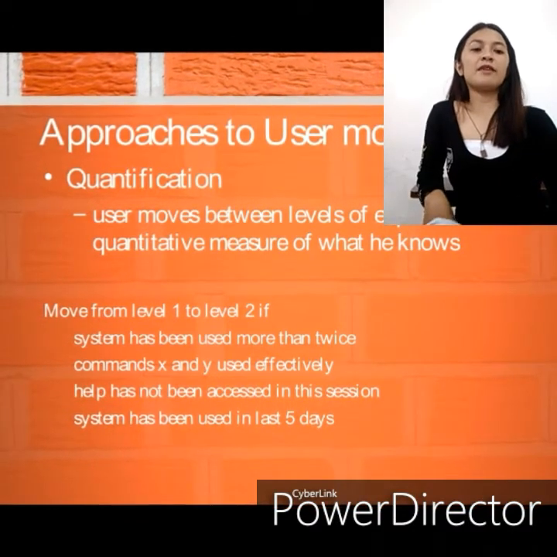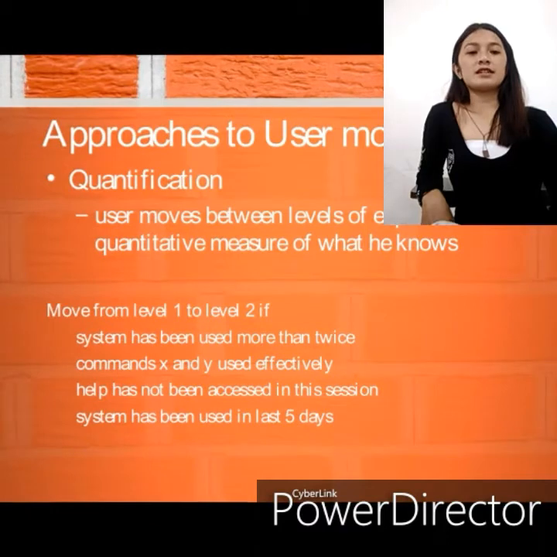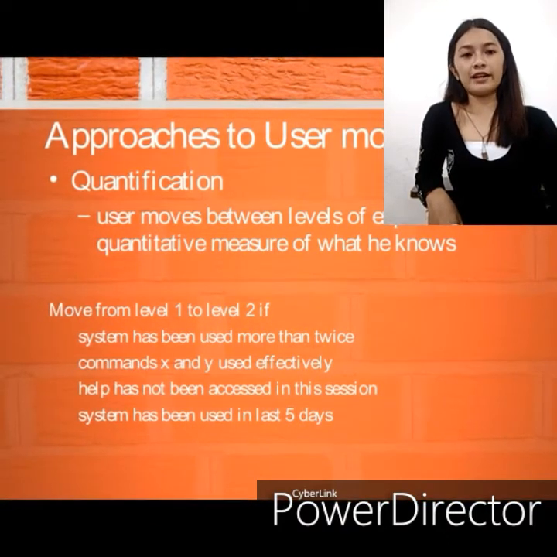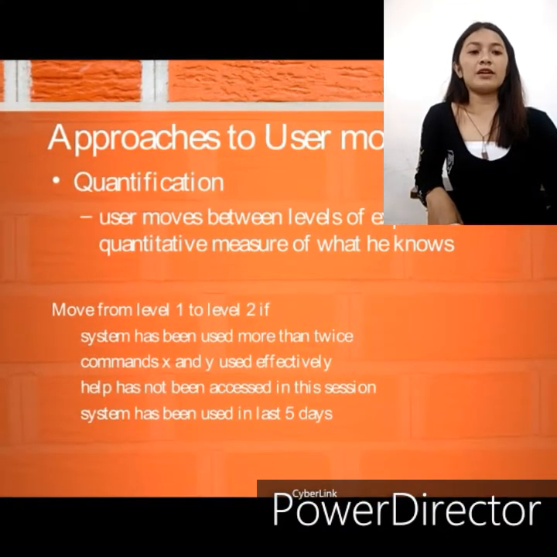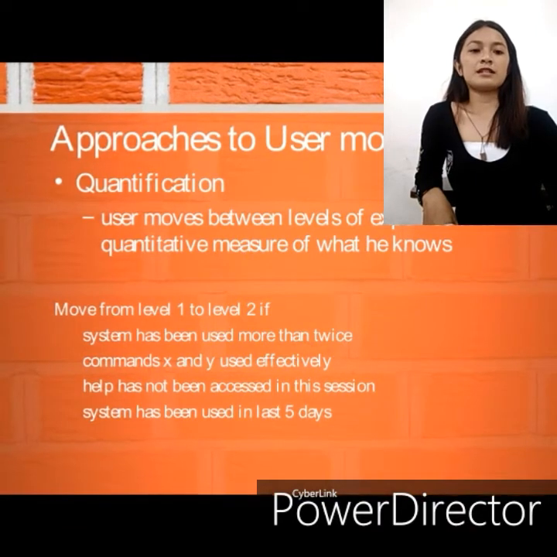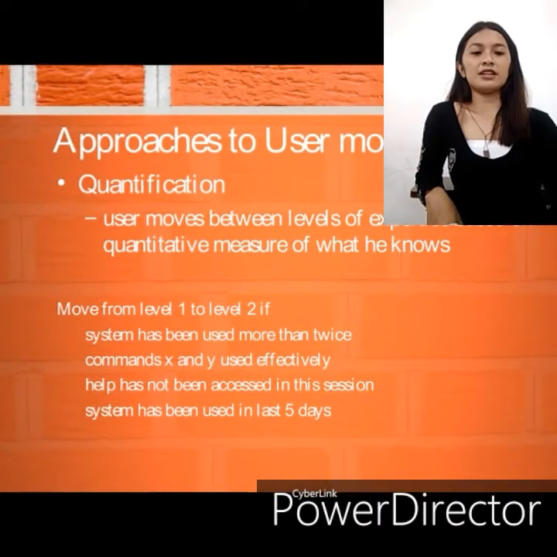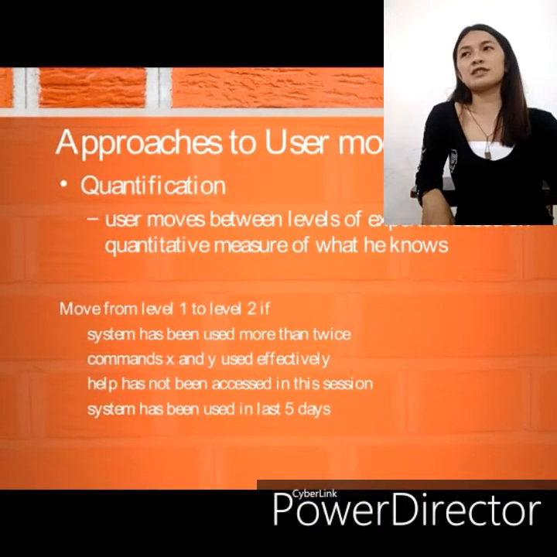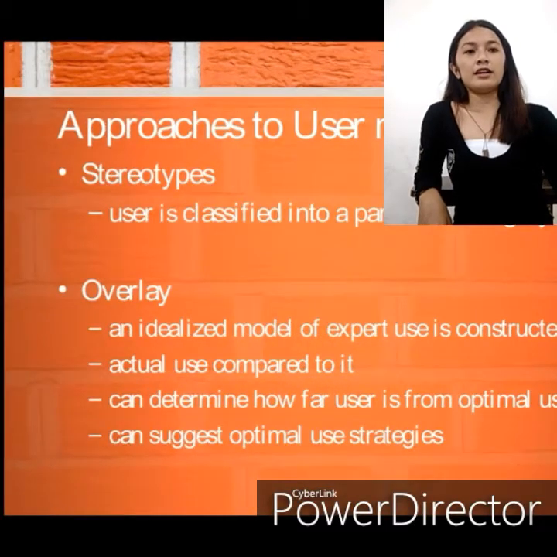So move from level 1 to level 2 if the system has been used more than twice, commands X and Y used effectively, help has not been accessed in this session, and the system has been used in the last 5 days.